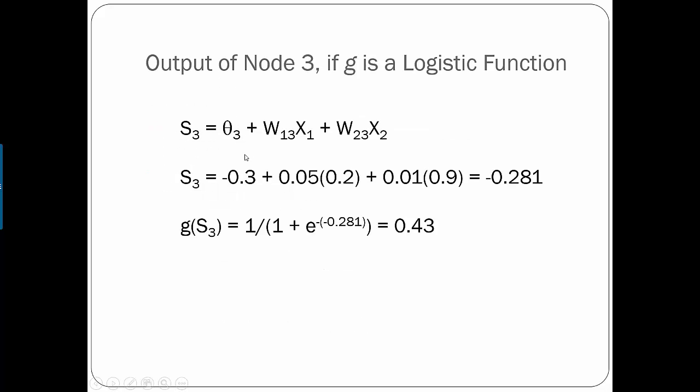For node 3, this will look like this. The bias is minus 0.3, so multiply x sub 1 of 0.2 with its weight, x sub 2 of 0.9 with its weight, that gives s sub 3, and then you convert that s sub 3 into the output value of 0.43.